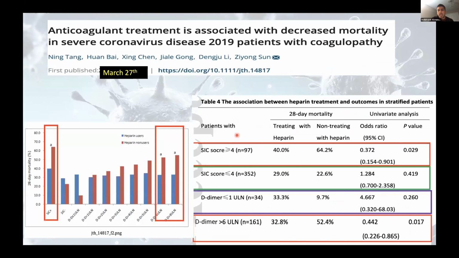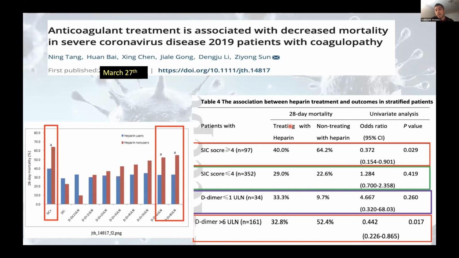What they found is there's a subgroup of patients who will benefit from anticoagulation: people with a sepsis-induced coagulopathy score above 4. Those patients will benefit from anticoagulation. However, in this study, the anticoagulation they were alluding to is the preventive, prophylaxis dose, not the full anticoagulation.